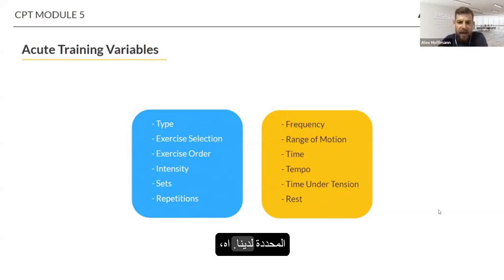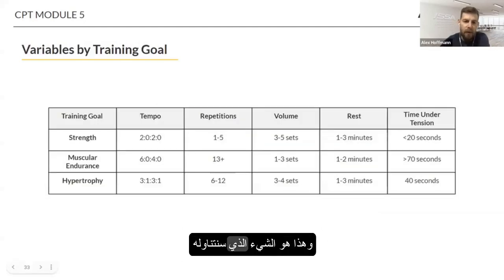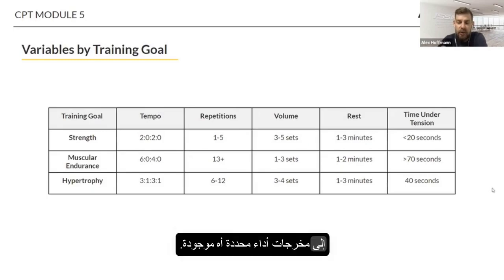So as we click over to the next slide here, this is something that we'll go over tomorrow as well, as to which specific set, rep, intensity, and tempo ranges correlate to specific performance outputs.